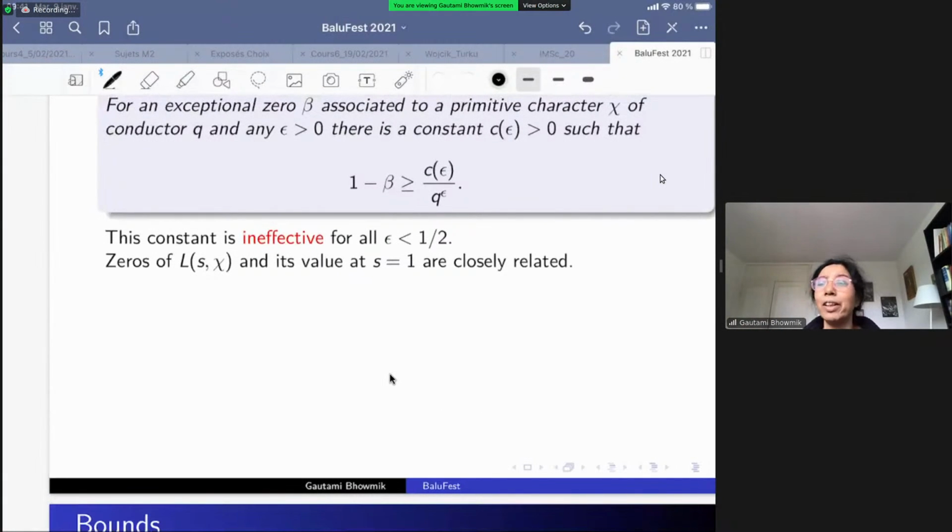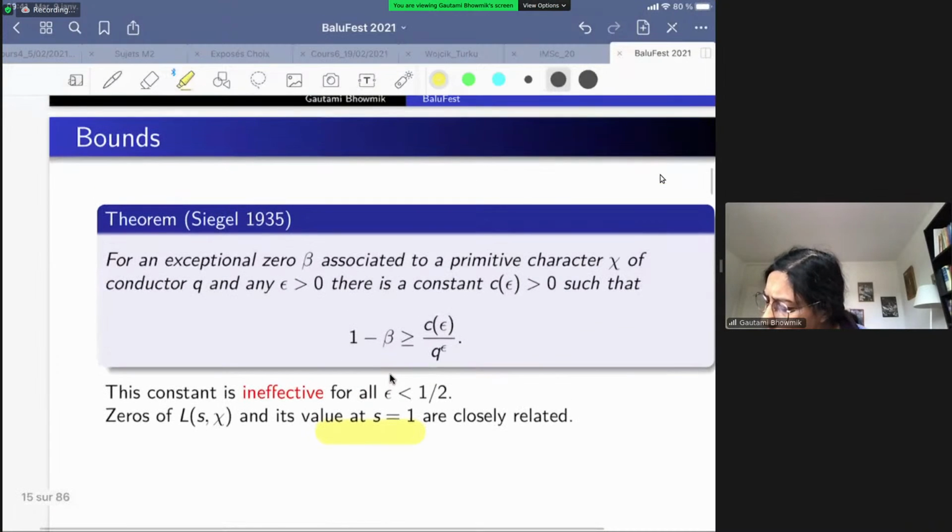You try to see if you can put some conditions which will make it better. If you can study, for example, the zeros by some other method, for example, by looking at the value at s equal to 1, etc. These are some ways to go around the problem, because essentially the theorem as it stands has not yet been improved.